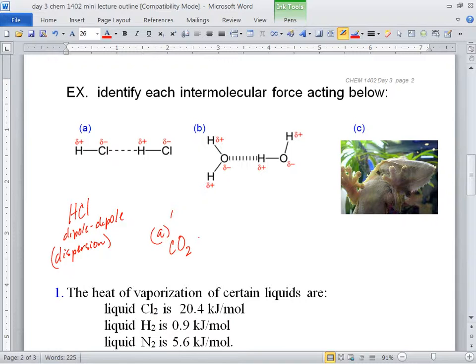Remember, it's always safe to say one of them. Always safe to say van der Waals. So that's always one of your answers. But is that the only one? Now, do you see why this is a complicated question?